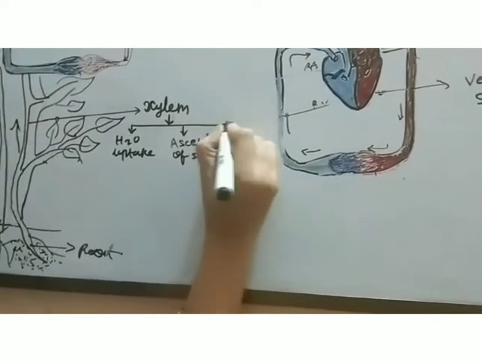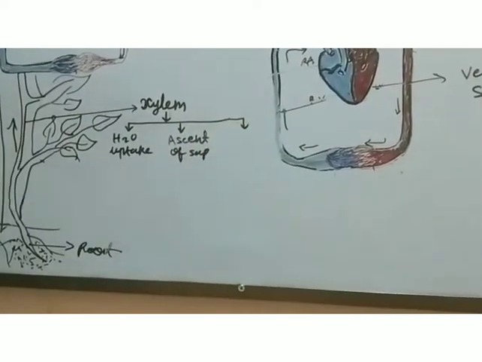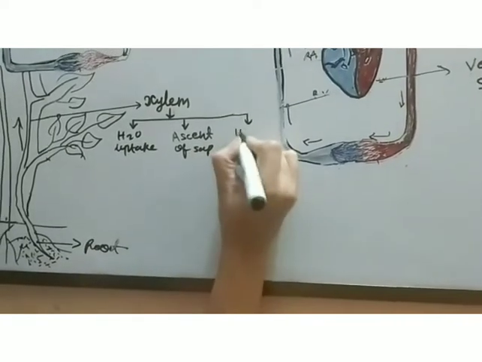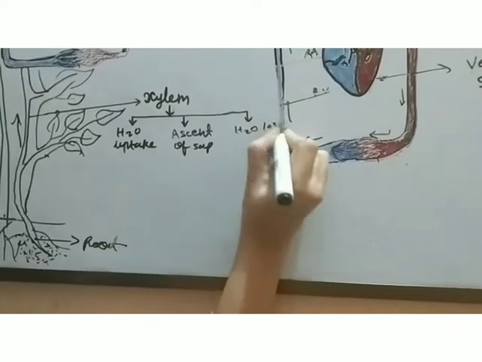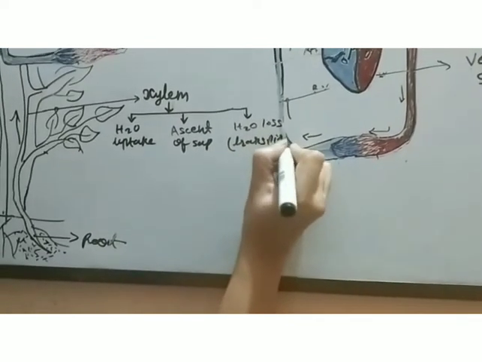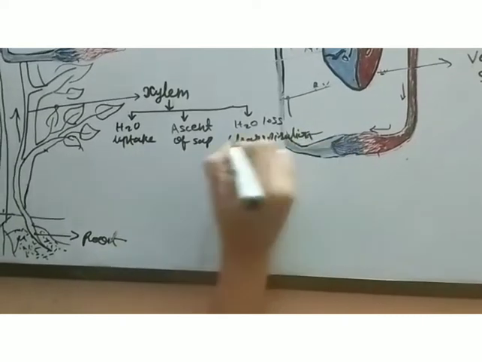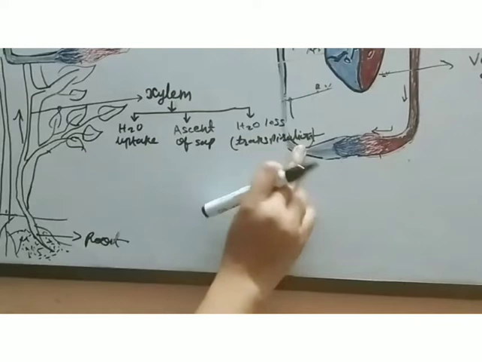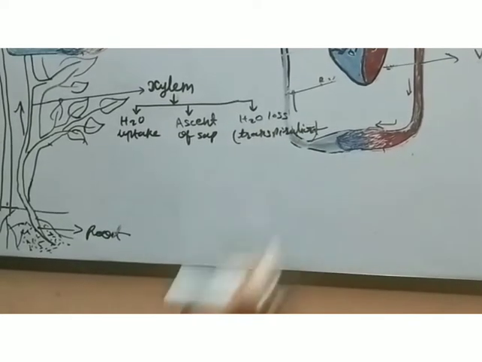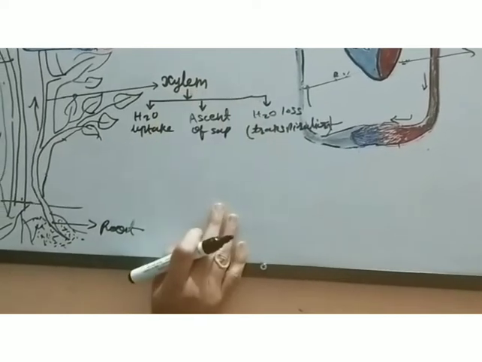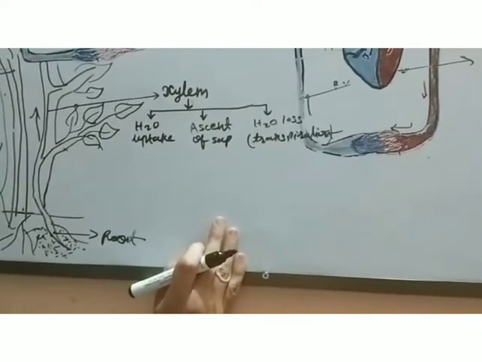And third, last step, is transpiration, also called water loss. When water is lost from the leaves in the form of vapor, that is called transpiration. So these three steps are there in which the xylem conducts water from root to leaves.